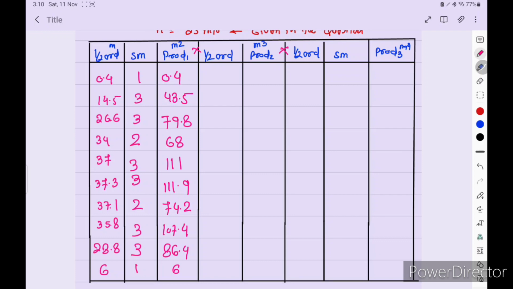Now we are doing it directly here. So 0.4 to the power 3, because it's here 1. If you see this 1, this 2, it will come here 3.